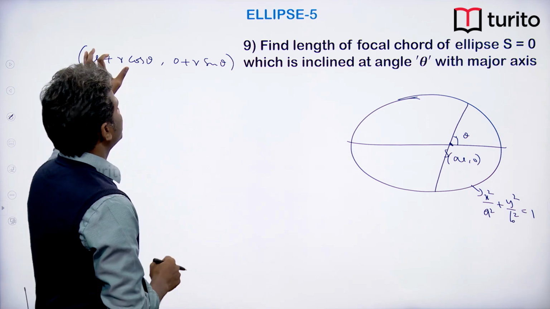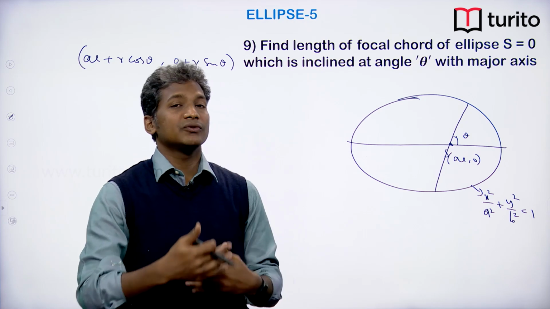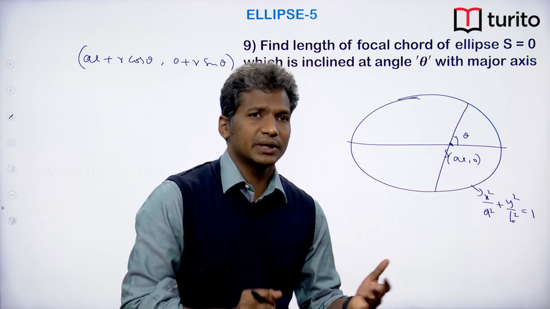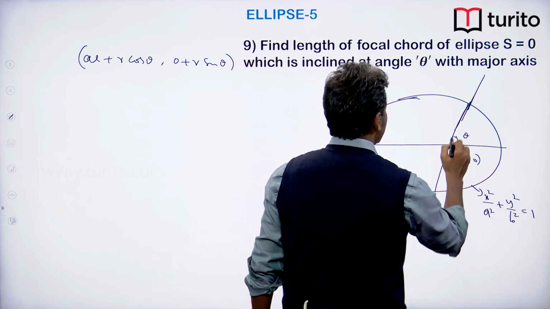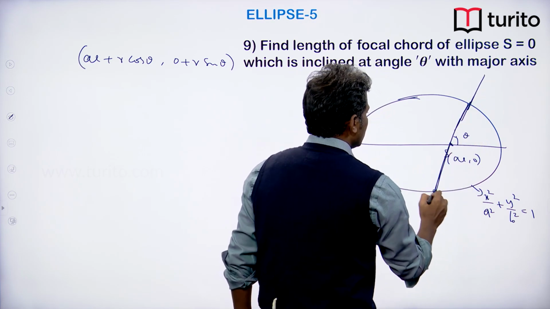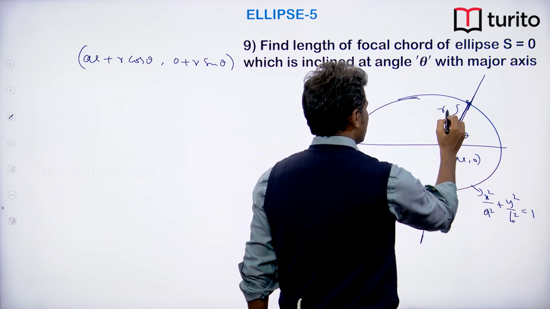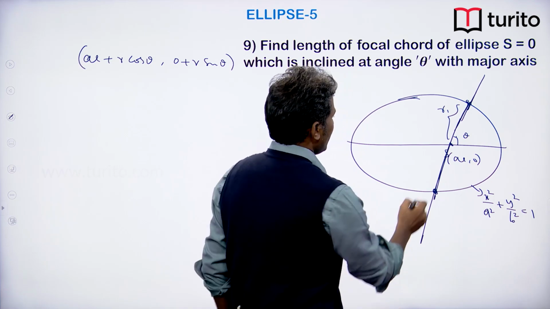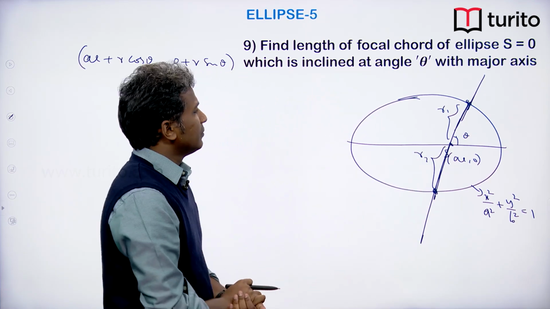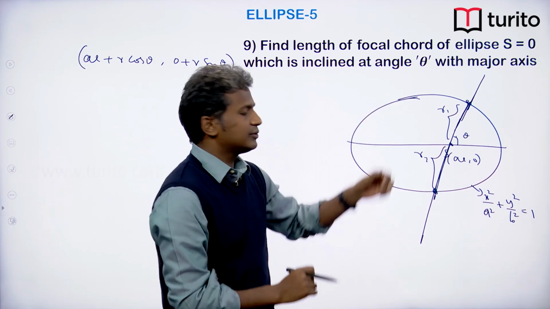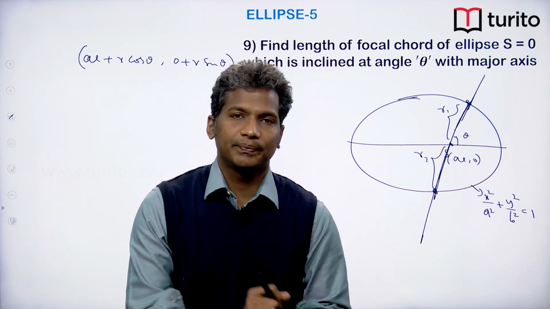Now if I substitute this in the equation of the ellipse, I can get some values of r because r is the parameter here. So this line is intersecting the ellipse at 2 points. Let us say if we take this length as r1 and this length as r2, we need the total length of the chord, that means we need r1 plus r2 in absolute form.